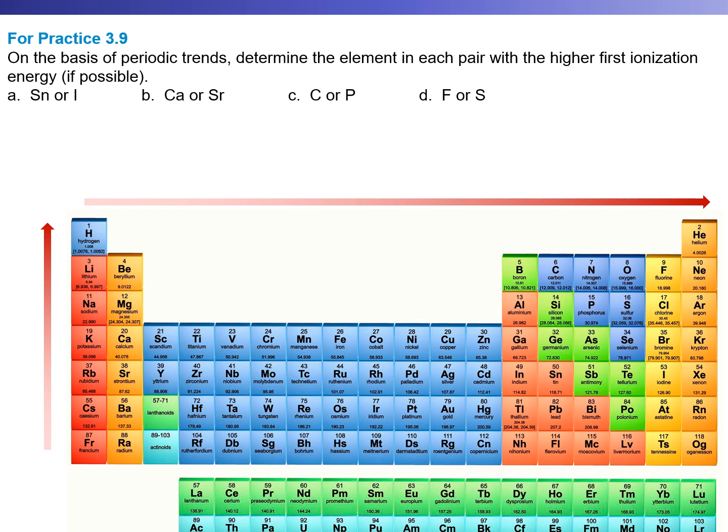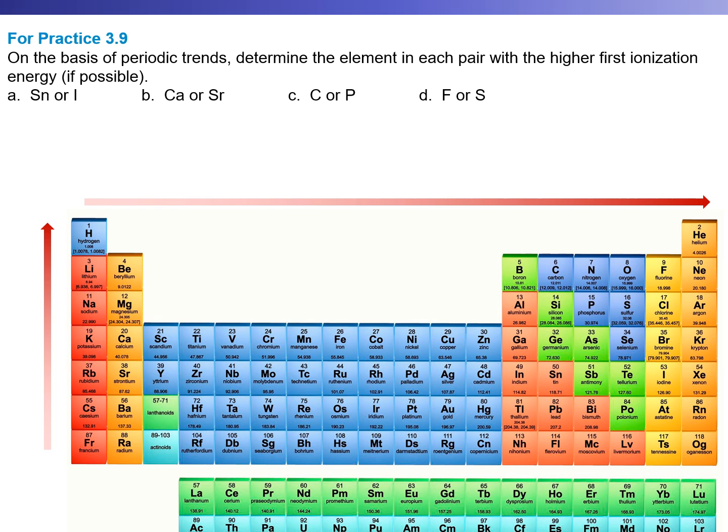And the reason why is because the nuclear effect has a tendency to keep those electrons in their outer orbitals pulled in a little bit more tightly. But every time you add an orbital, those electrons get further away, and the nucleus is going to have less and less effect. So it requires less energy to pluck them off.